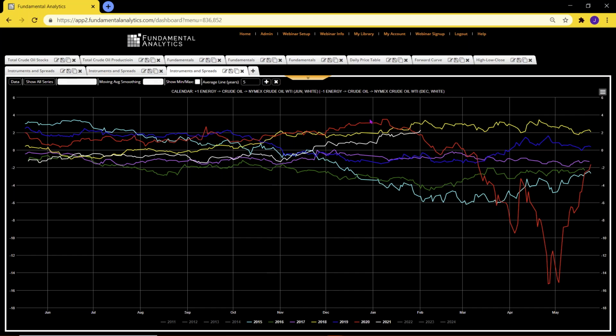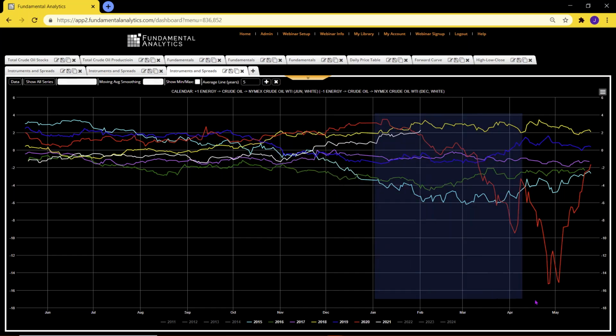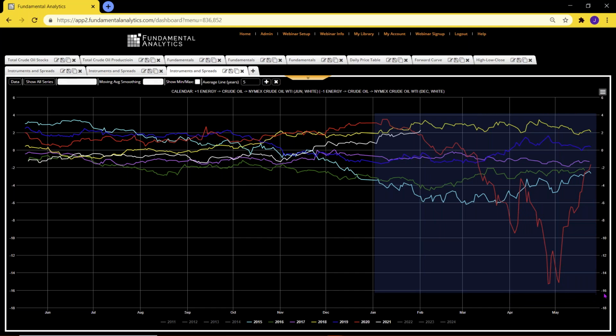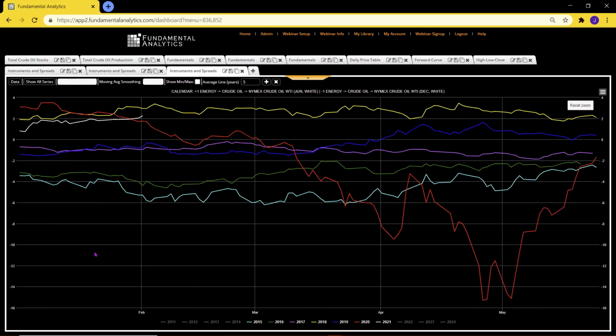Now, what I can do is focus on this, from the beginning of the year, January 1st, to expiration. I'm holding the mouse key down and drawing a box around the data that I want to zoom in on. We were using the word zoom long before the meeting company came about, but that's another story.